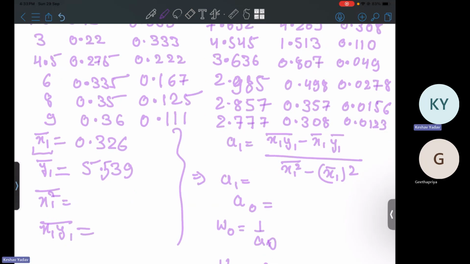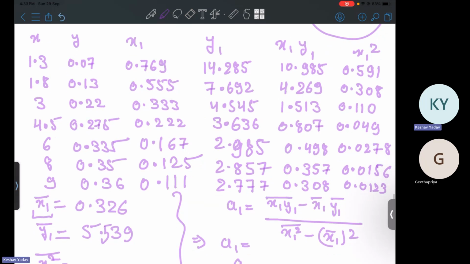Now x1 square we need to find out. X1 square, the last one: 0.591 plus 0.308 plus 0.110 plus 0.049 plus 0.0278 plus 0.0156 plus 0.0123 divided by 7.